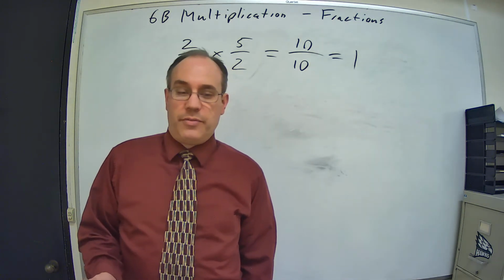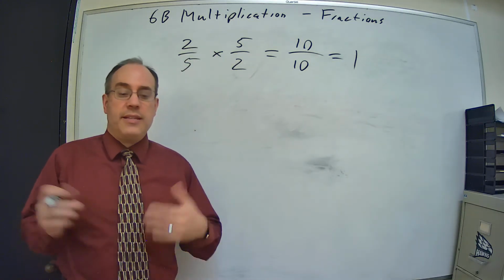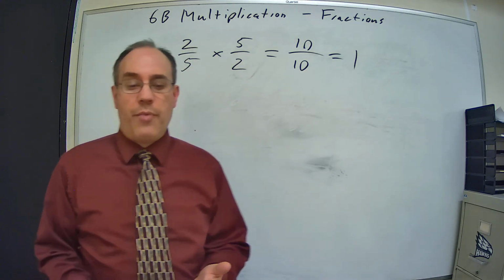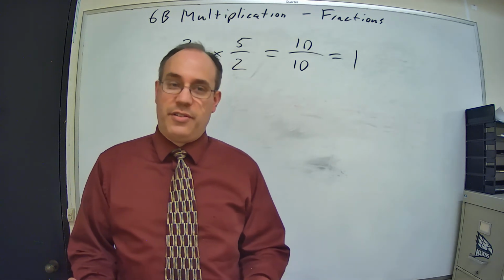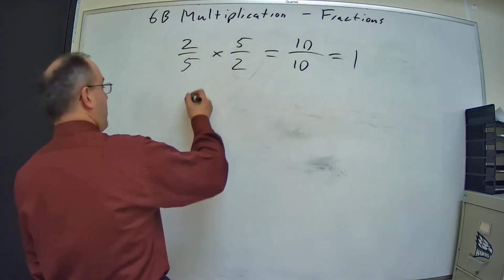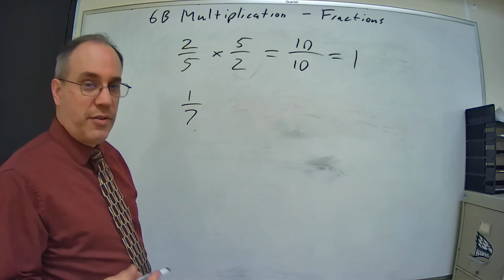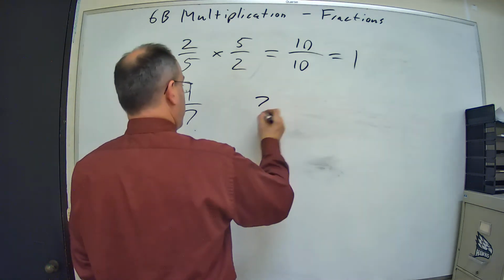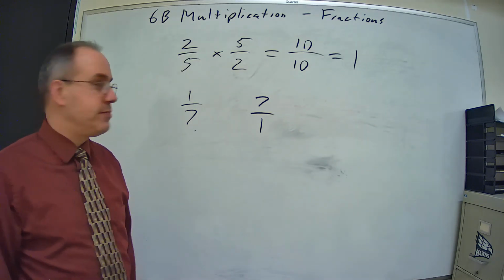Multiplicative inverse is that a non-zero number and its reciprocal are multiplicative inverses. Okay? So if I have 1/7, then its multiplicative inverse will be 7/1, or 7.